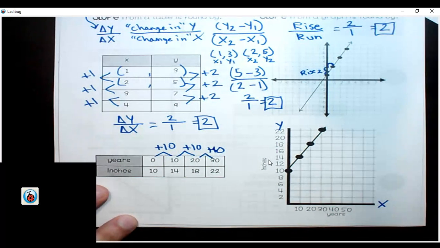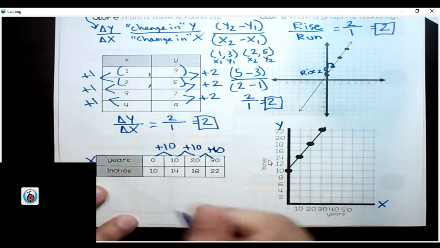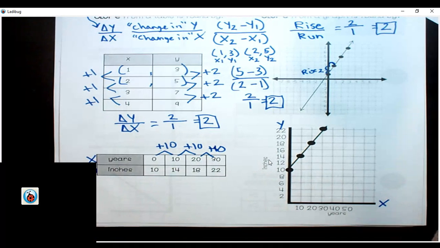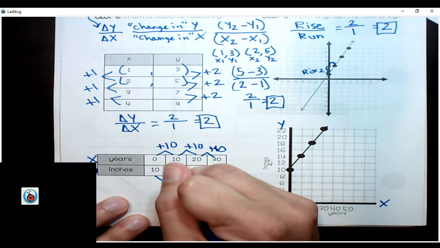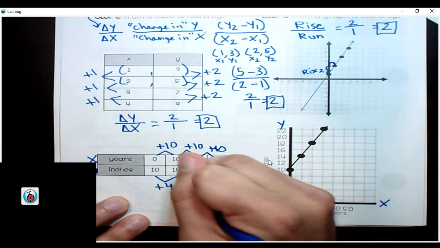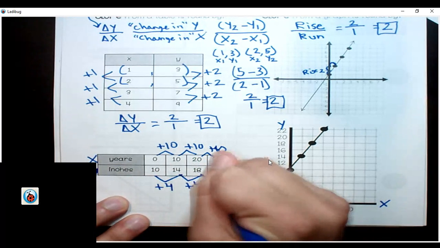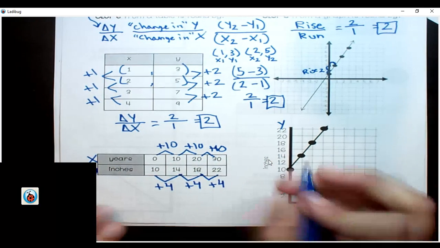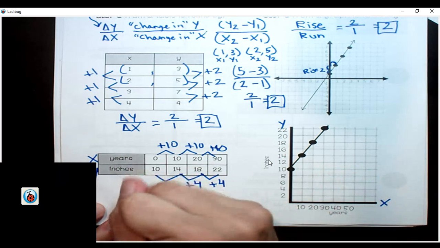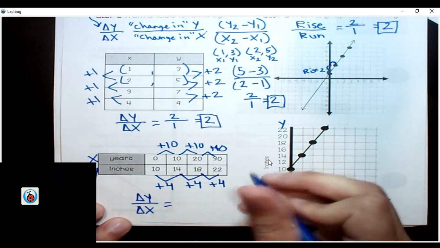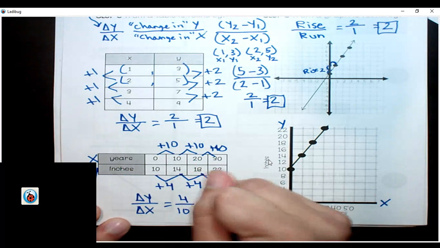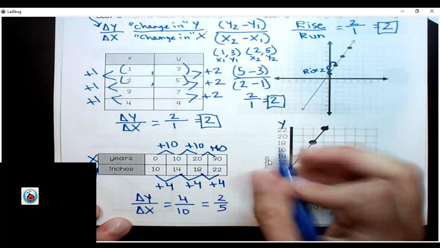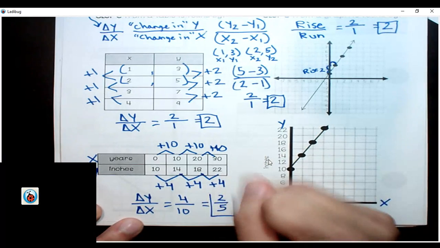So years are going to be the x, and inches are going to be the y. Getting from 10 to 14, that's a positive 4 change. Also a positive 4 change, and also a positive 4 change. So your delta y over delta x is equal to 4 over 10, which reduces to 2/5. So your slope would be 2/5.